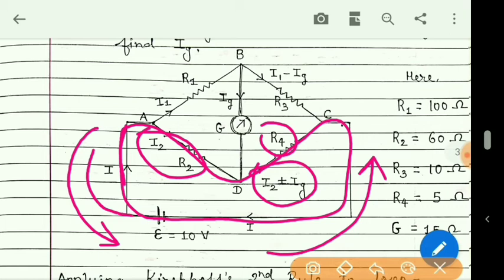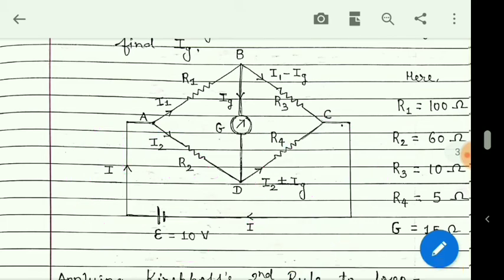And moving to the battery, as the positive terminal is coming, we will write once again plus E.